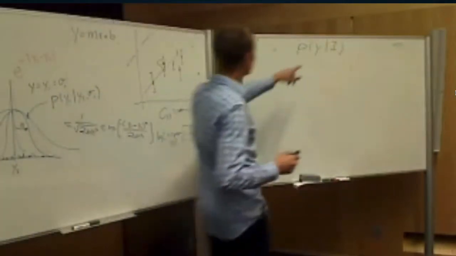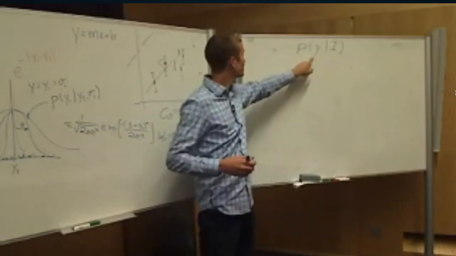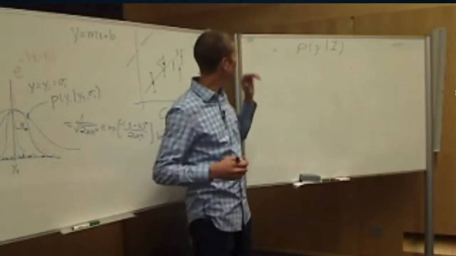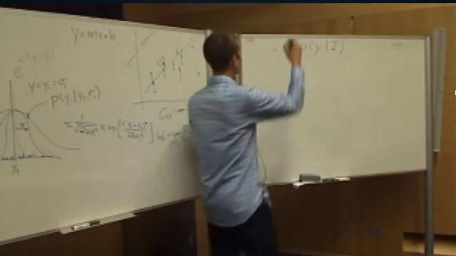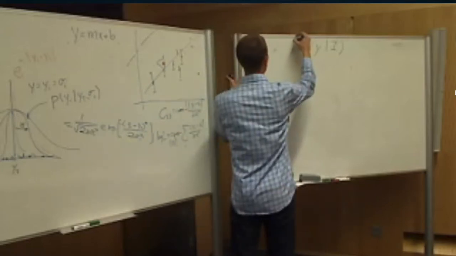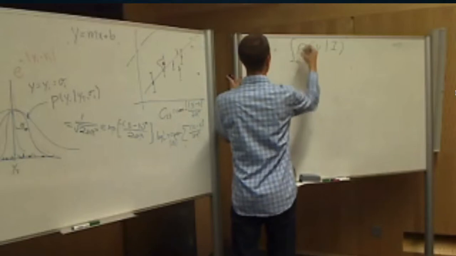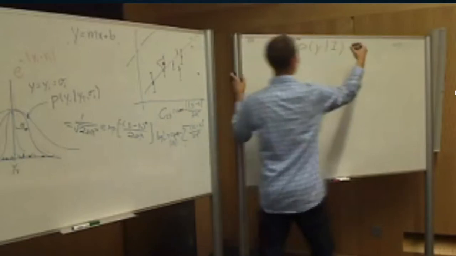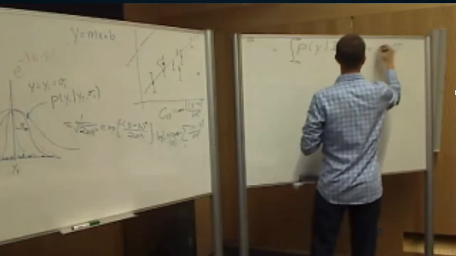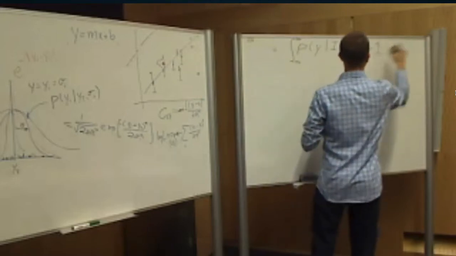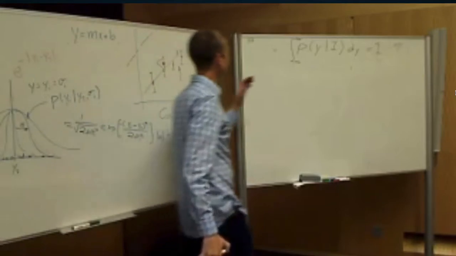And when we use this probability density, what we're really saying is that this is a function where if I do the integral from minus infinity to infinity of dy, that equals 1. So this is kind of the fundamental piece of the definition of these probability distributions.